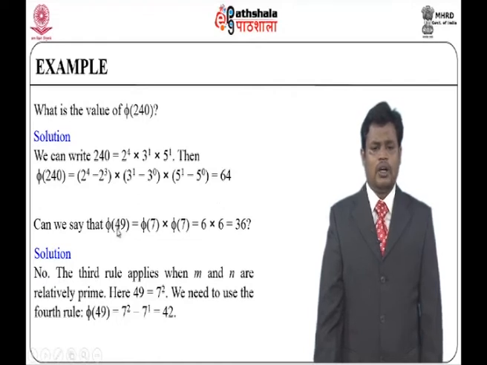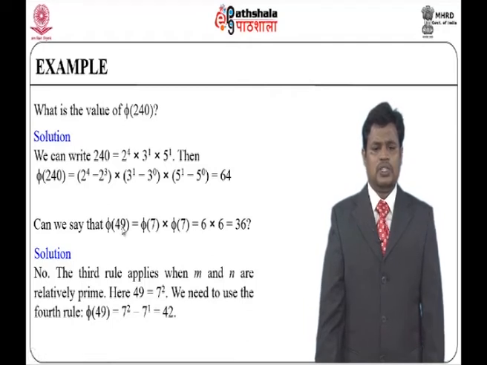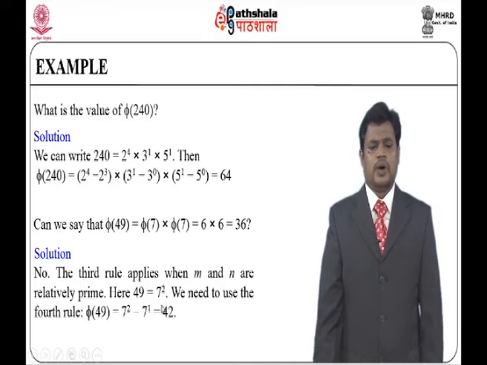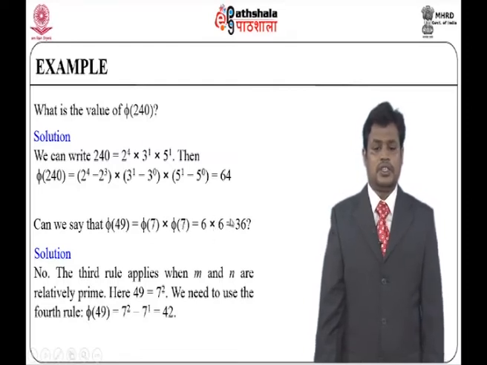Similarly, when I go for 49, which is the square of a number, you cannot take it directly as 7 into 7. Instead, we have to take the square of the number. If we say phi of 7 into phi of 7, that is 6 into 6, you cannot say 36, because the third rule applies only when m and n are relatively prime. We cannot apply it because 7 and 7 are not relatively prime.